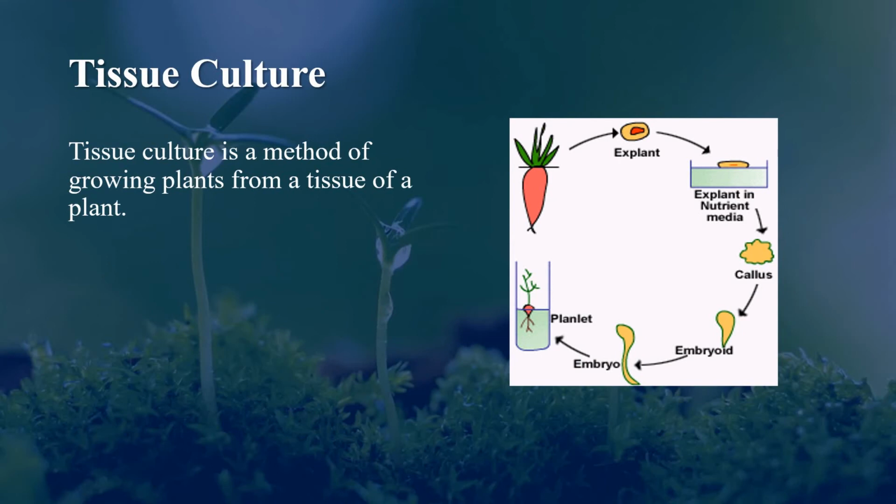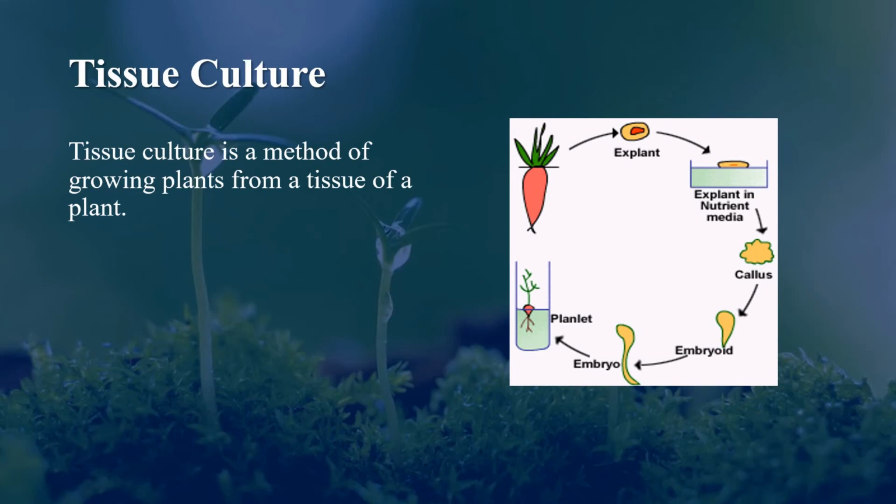Now students, let us discuss another method of vegetative propagation, that is tissue culture. In tissue culture, new plants are grown from the tissue of the plant. A small piece of tissue called explant is cut out from the tips of a growing plant, and then it is kept in an artificial nutritive medium.